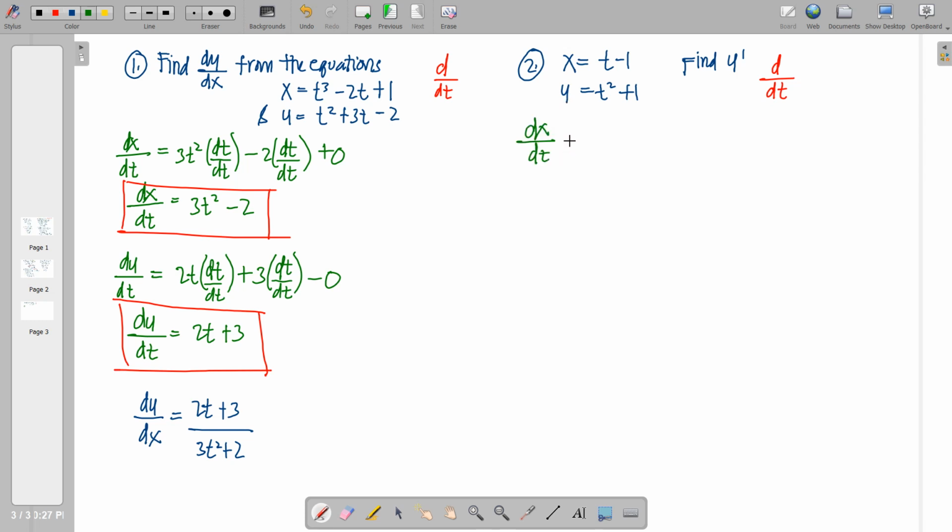Hence, dx over dt is simply equal to dt over dt, or that equates to 1. Then dy over dt is simply 2t dt over dt, or simply equal to 2t. And in here, you can see that dy over dx is 2t all over 1, or that is equal to 2t.